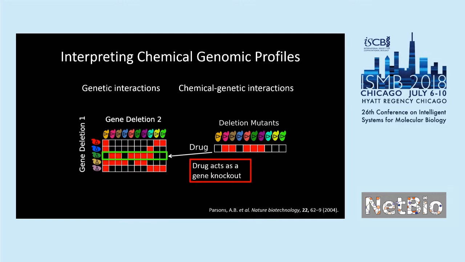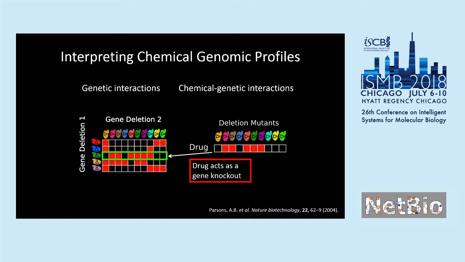What I have here on the left side is a genetic interaction network, and you will notice that conceptually, the only difference between the chemical genetic interaction profile on the right and the genetic interaction profiles on the left is the label on the rows: here being a drug, and on the left side being another gene deletion. So when these two profiles are similar to each other, it's as if the drug is knocking out the gene. The hypothesis that we generate, for which there is now evidence, is that the drug is actually inhibiting the function of that gene. So there's a theme of network integration here.